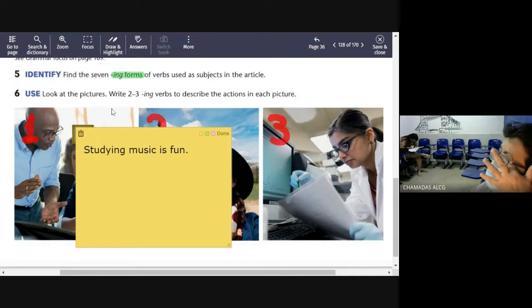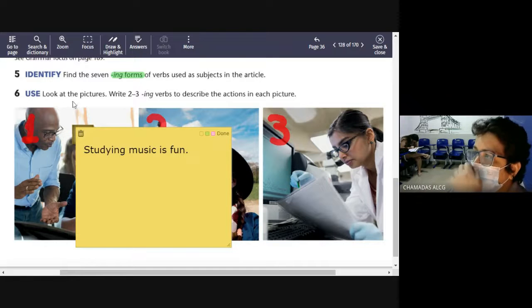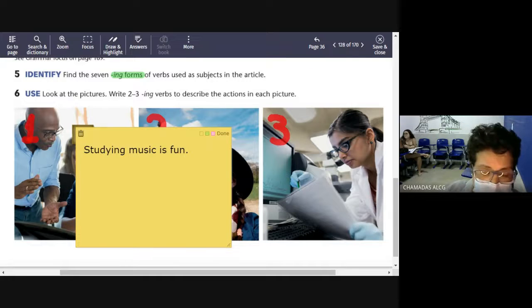Of course, this is not what number 6 is asking. Number 6 is asking to describe the actions only, okay? They don't want us to do this. I'm just giving this example as something extra, okay? So picture number 1, I can say that.